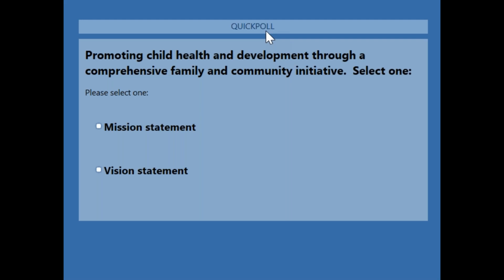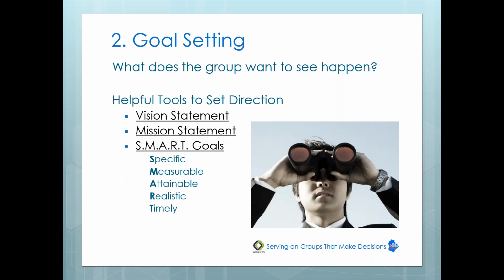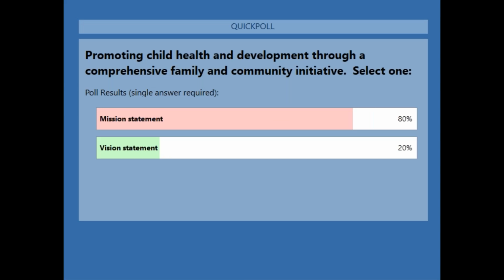All right, I'm going to close that out and share it out with you. And yep, most people thought it was a mission statement, and that's correct because it has an -ing verb like promoting, and this is what we're going to do to get us from where we are now to the mountaintop goal in our vision statement.